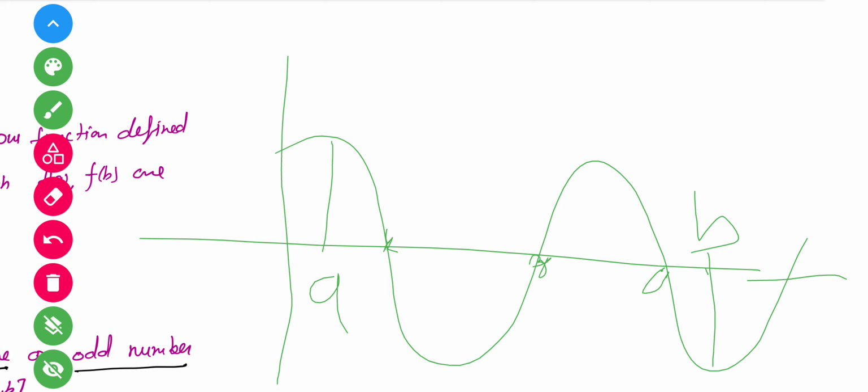So whenever we find two such points on the x-axis, we are just talking about the function of x only this time, such that the multiplication of the functional values of those points, that is f(a) times f(b), is less than 0, that is negative, then we say that in that closed interval [a, b], there exists at least one root. Okay, so that is the main theorem, the IVT theorem.